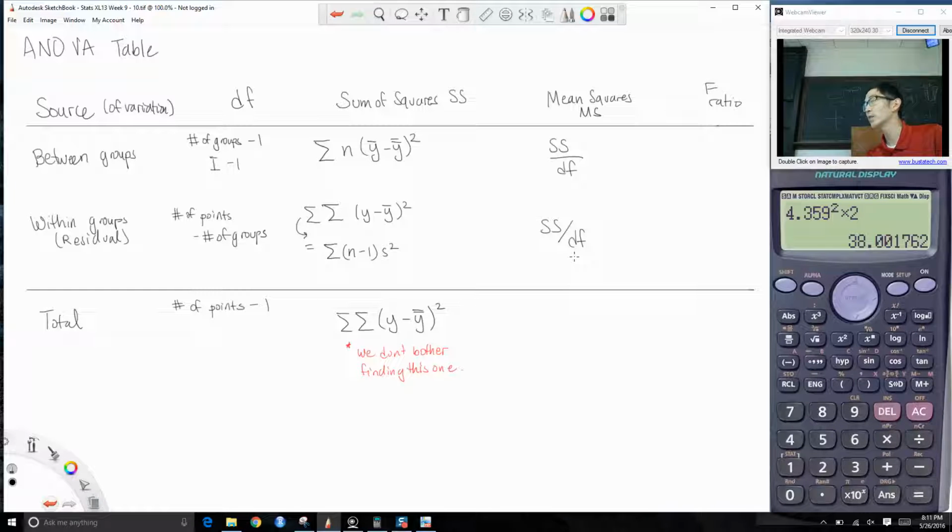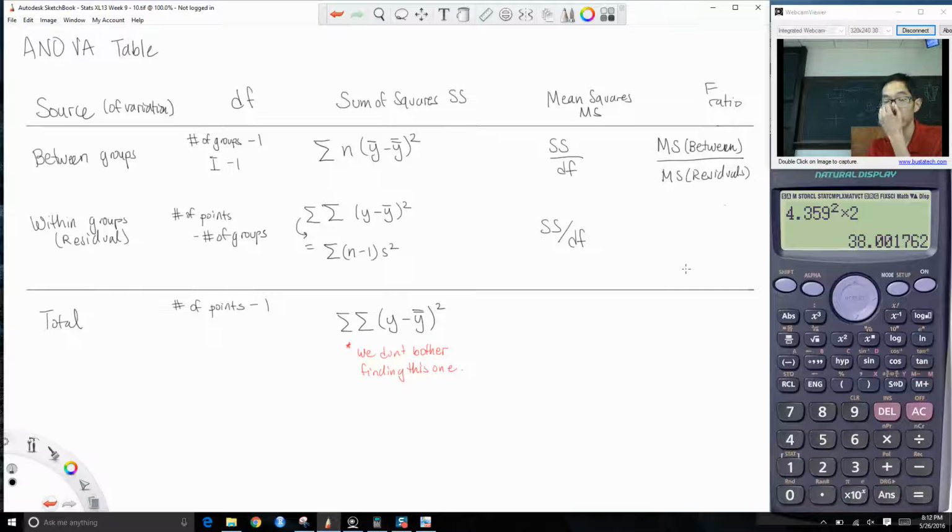We ask, is the amount of variance that can be attributed to group differences large compared to the amount of variance that exists between individuals? So this is the mean squares between, or mean squares of the group, divided by mean squares residuals.